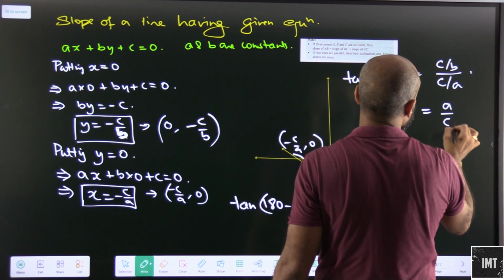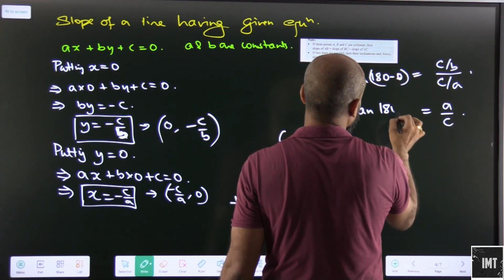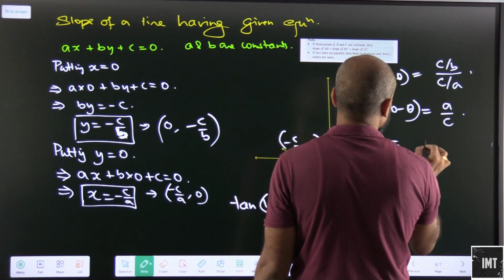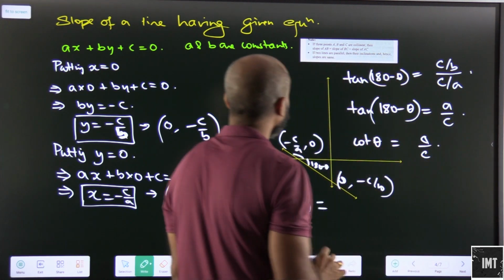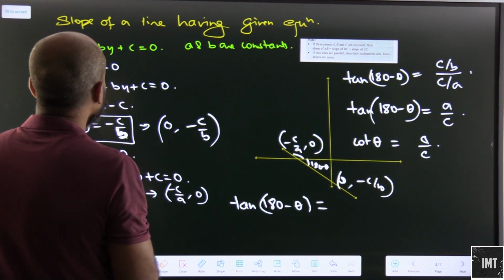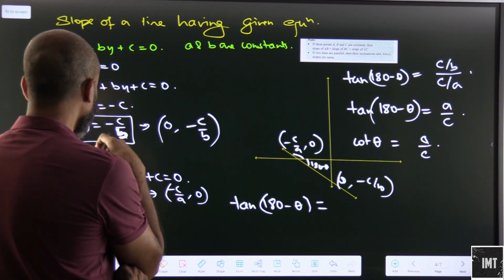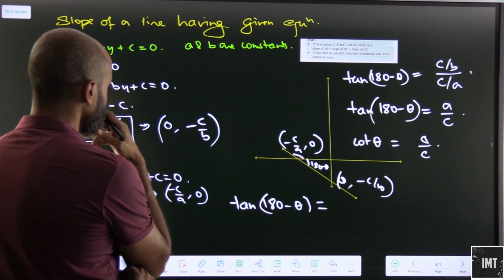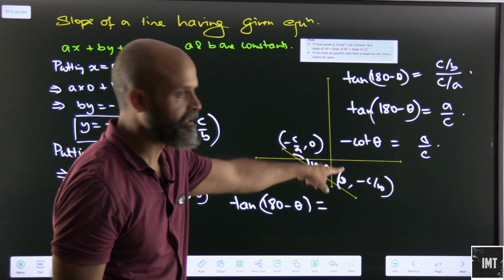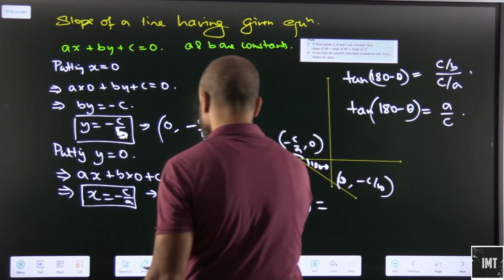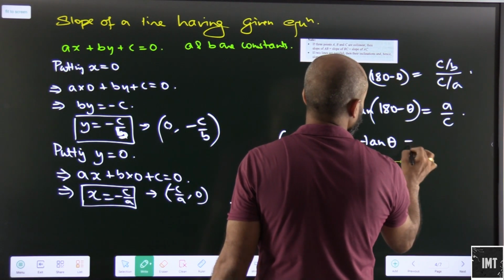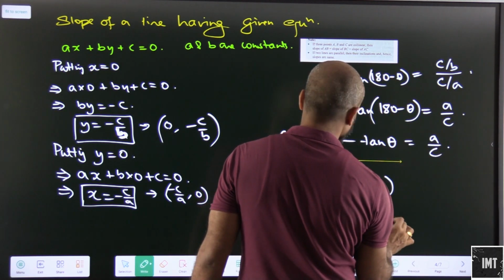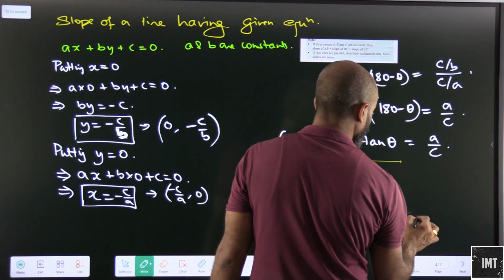So this will be a by b. So tan 180 minus theta, minus tan theta, will be equal to a by b. So tan of theta will be equal to minus a by b.